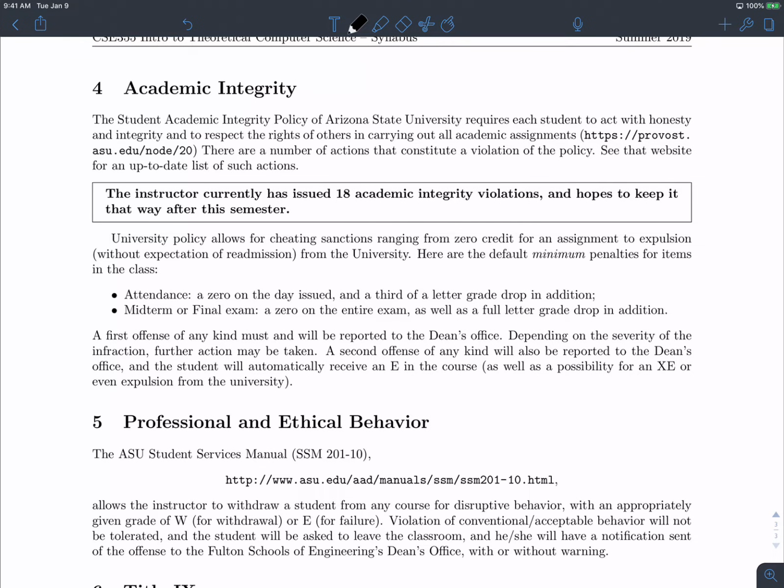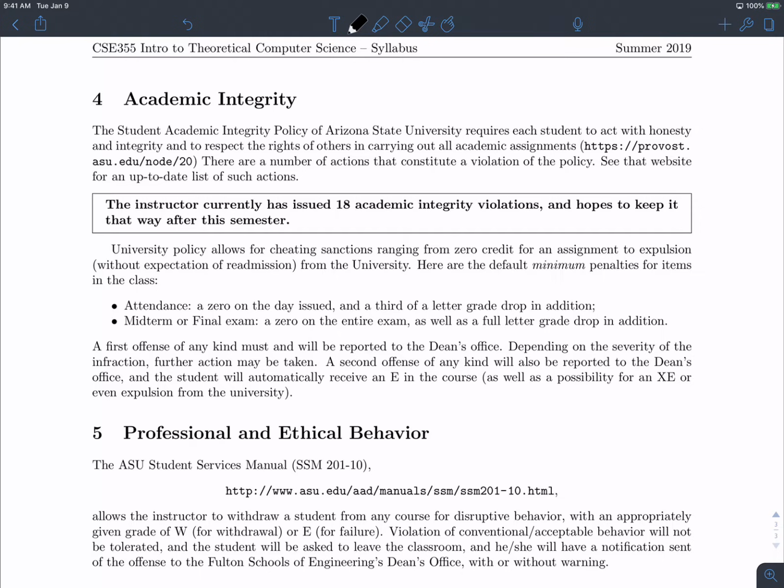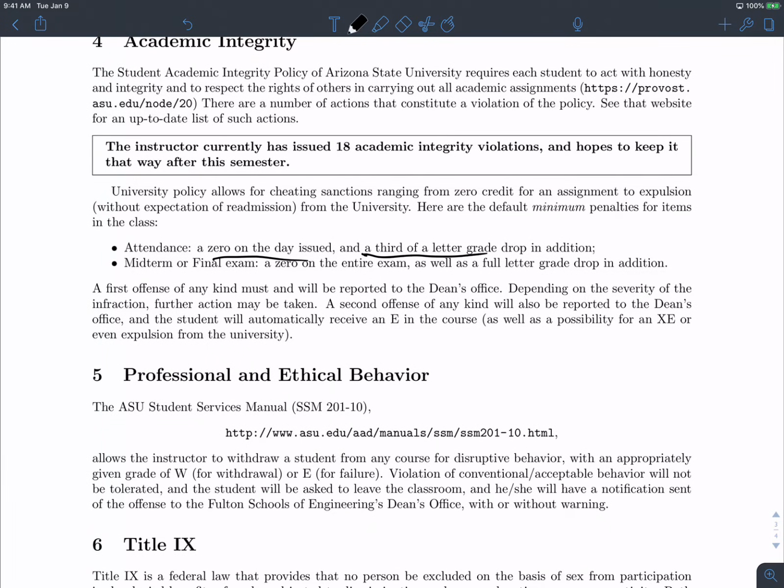No, do not do that. Okay? So if you are a person to do that, and I hope no one in here is like that, it's a 0 on the day that it's issued and a third of a letter grade drop in addition. Okay? So it's not just a 0, it's a 0 plus a third of a letter grade drop.